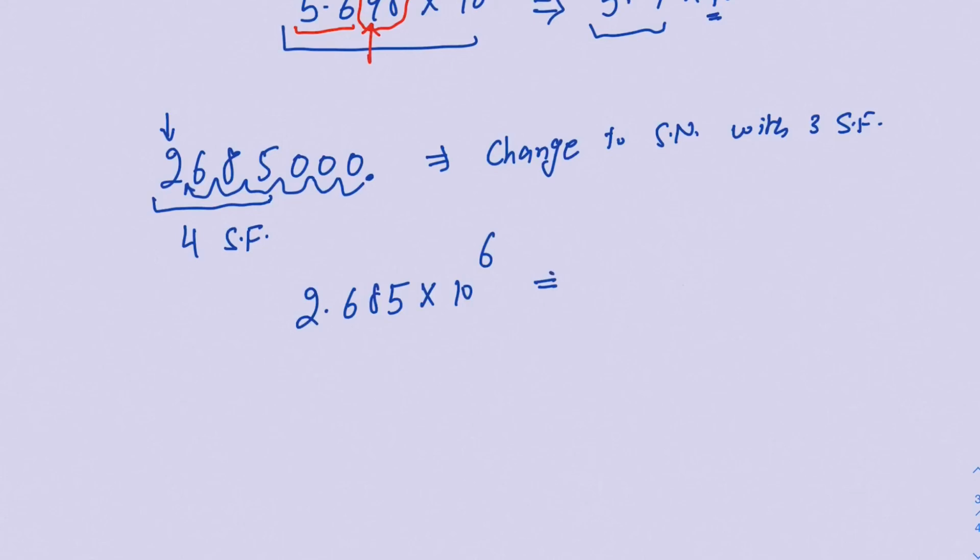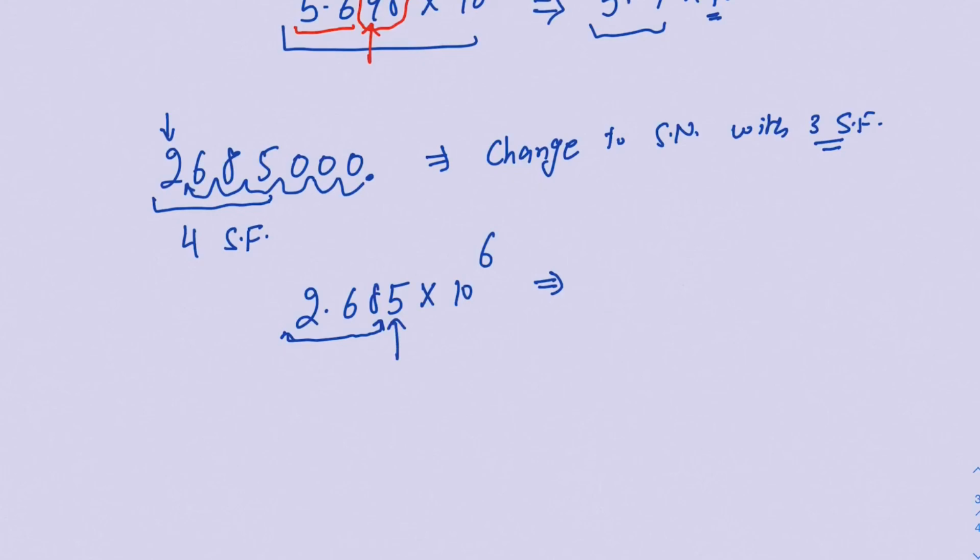The next task you will have is to convert this to 3 sig figs. Your 3 sig figs will be made by the time you get to this 8 here, because this 2, this 6, and this 8 will make a total of 3 sig figs. That means I need to go ahead and drop this 5.